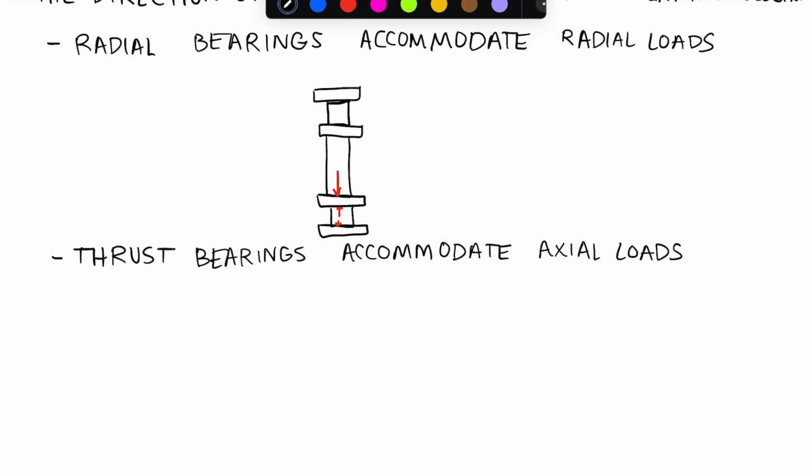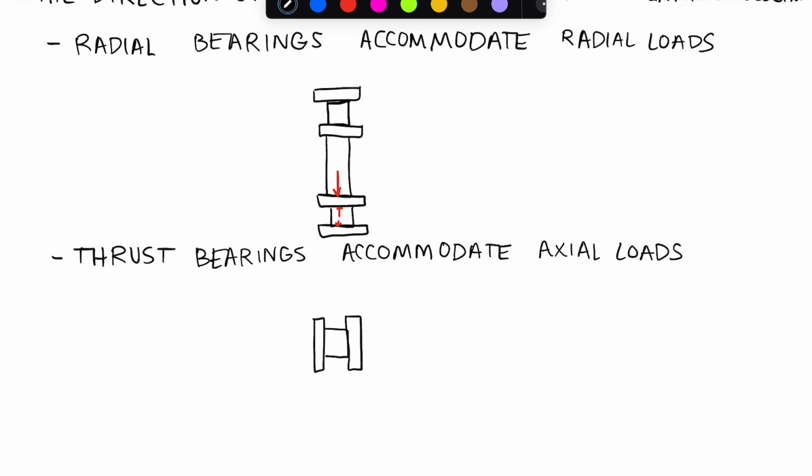All right, but if instead we have an application where we have a lot of thrust load, we might need a thrust bearing which has a contact angle closer to 0.